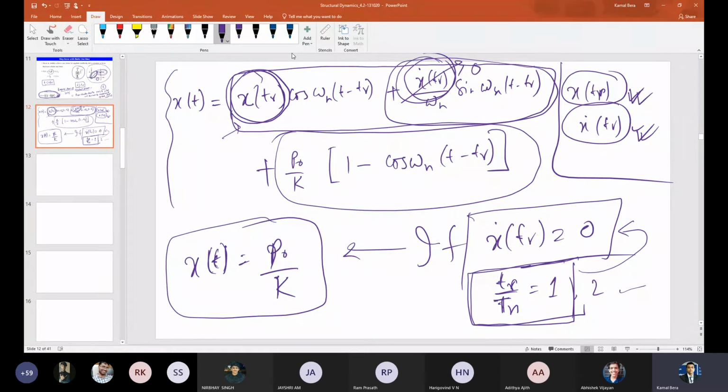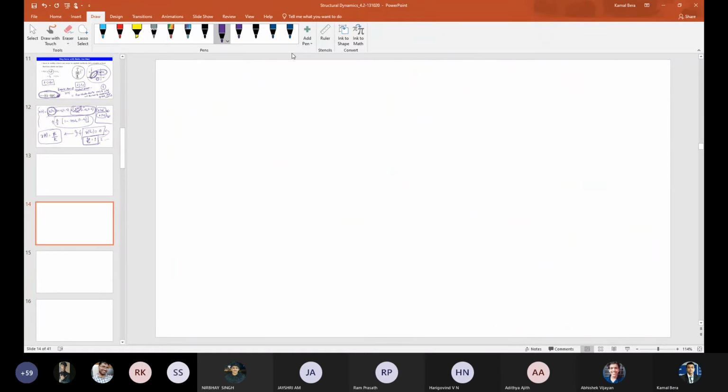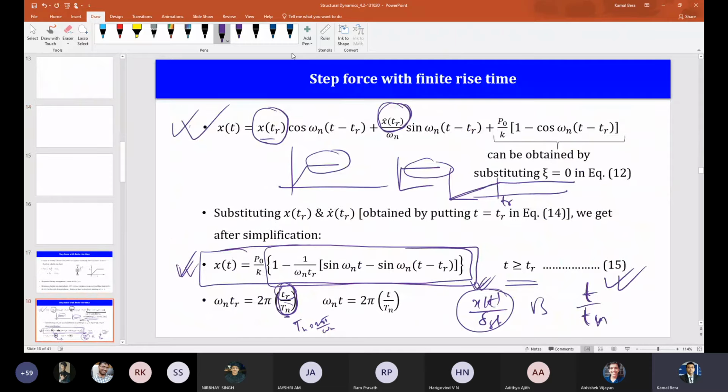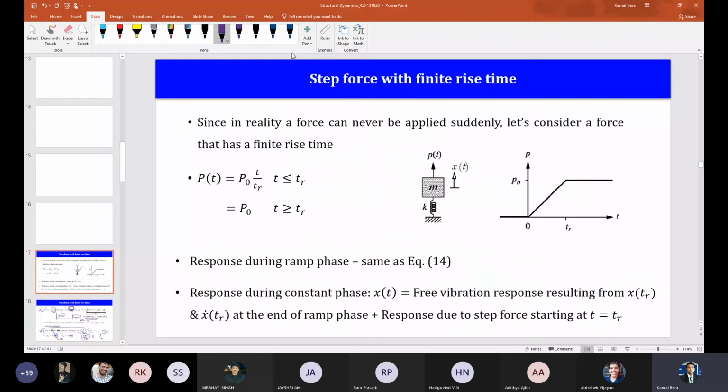You know x dot TR, right? Because you substitute in this expression and you get this expression. So you set that x dot TR to 0 and find out what the corresponding ratio for TR by Tn is. Got my point?